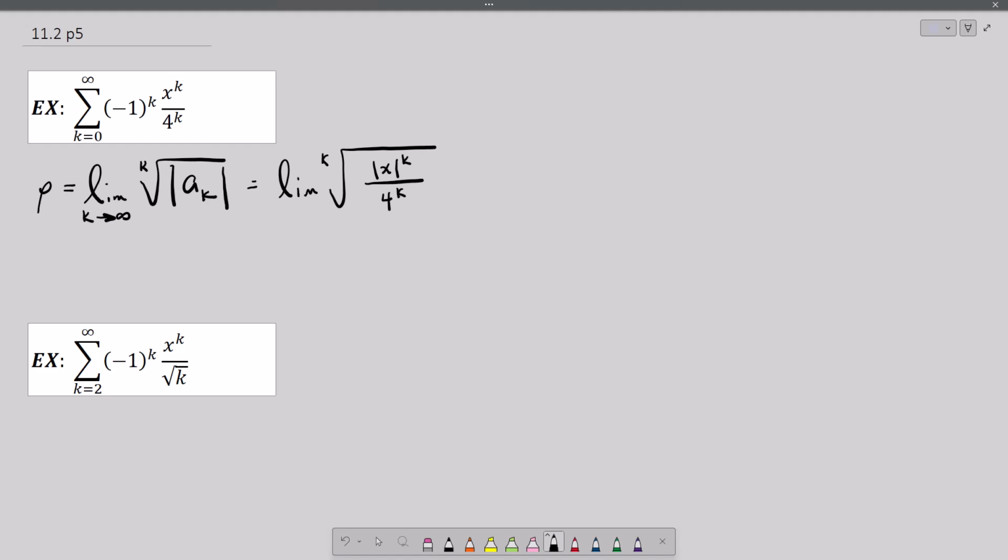Could be positive, could be negative, so we still need the absolute value around the x. So absolute value will definitely take that away, but then it's going to zoom in just on the x, which is the part that could be negative. Well, the kth root of all this business simplifies very nicely to absolute x divided by 4. Take the kth root of the numerator, kth root of the denominator. Those two powers of k are going to vanish. So we have that.